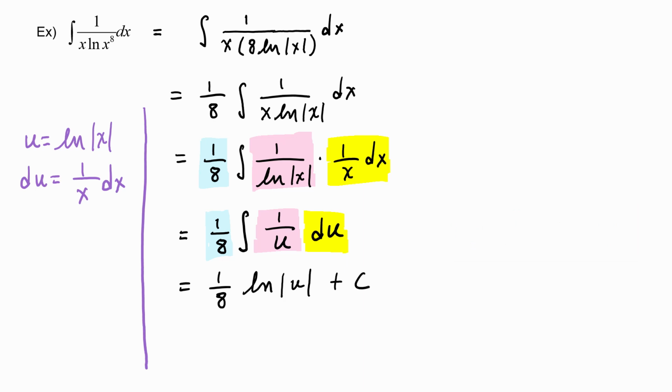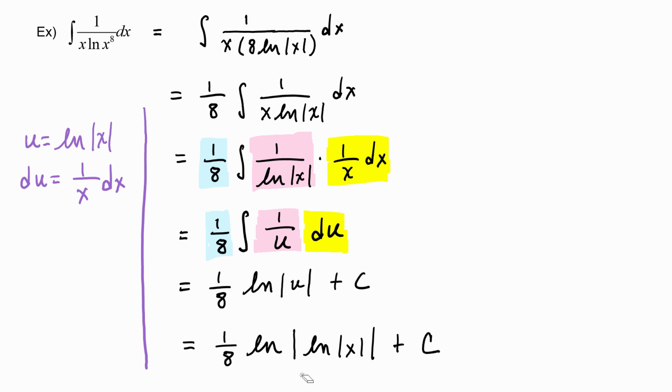And because this is an indefinite integral, we need to go back to the x variable. So this is equal to 1/8 times the natural log of the absolute value of the natural log of the absolute value of x plus c.